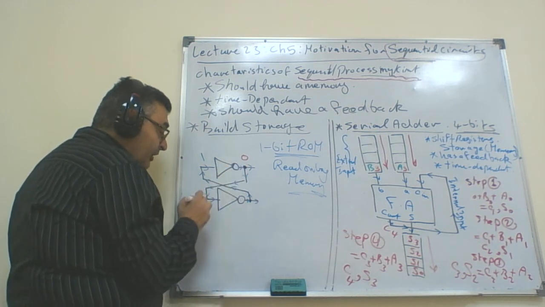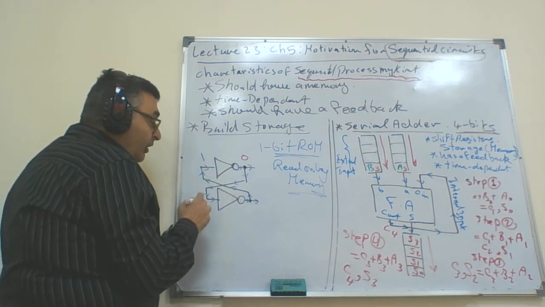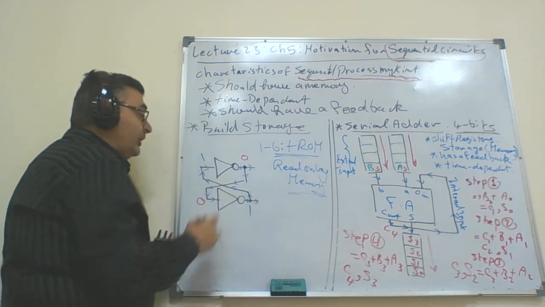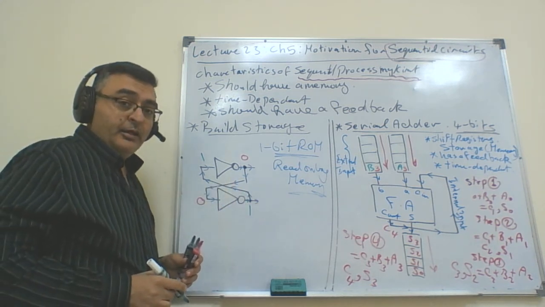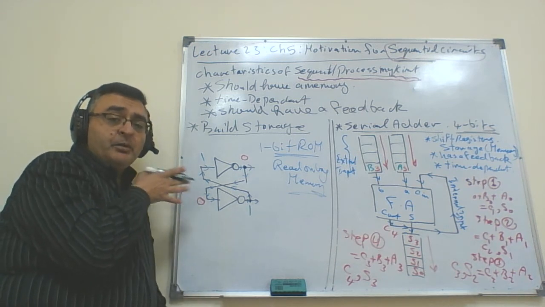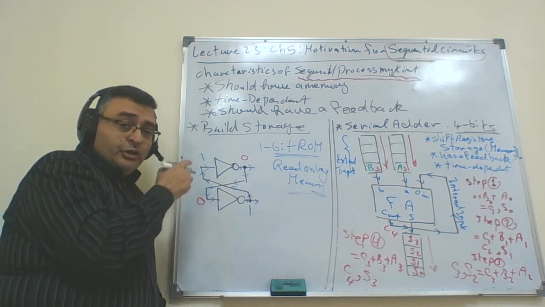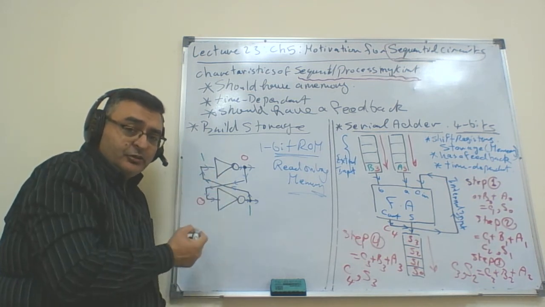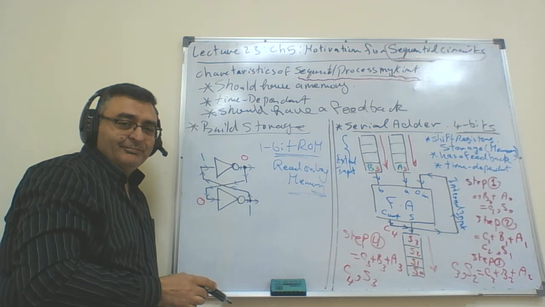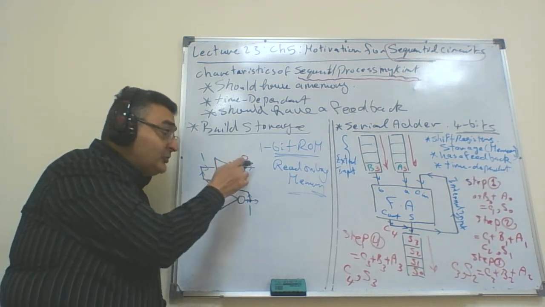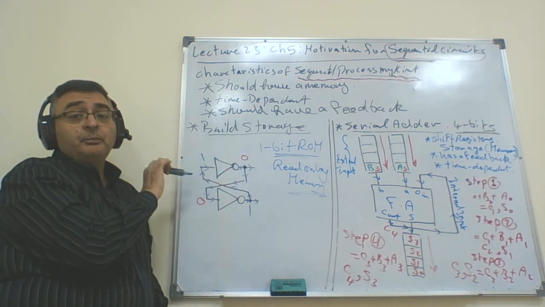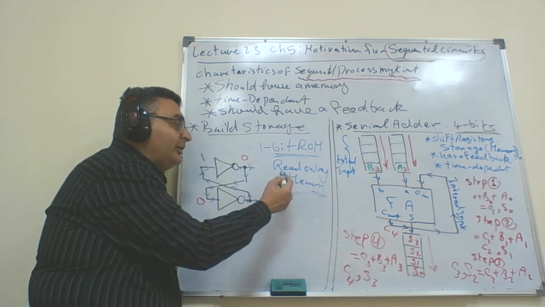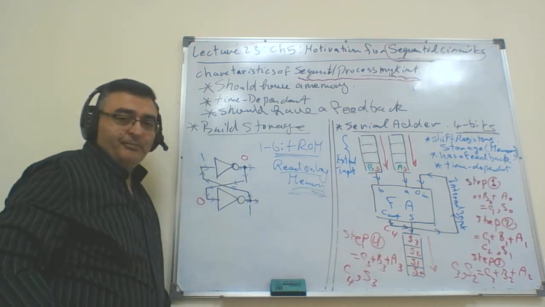That means here I also have the logic 0, and through this inverter the logic 0 will be inverted back to 1. Without applying any input to the circuit, the ones and the zeros will keep circulating inside the circuit forever. And the circuit without an input will give you an output. That's why we call it a read-only memory.